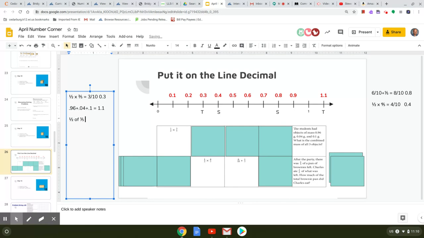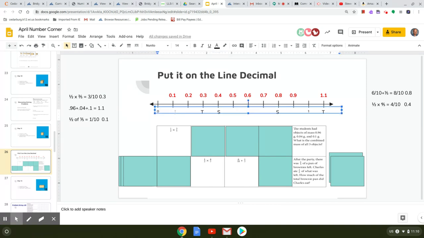So all I would have to do is multiply 1/2 and 1/5, and that's going to give me my total. Have you figured it out yet? Right, we multiply our numerators, which is 1 times 1, which is 1, and 2 times 5 is 10, and that equals 0.1.